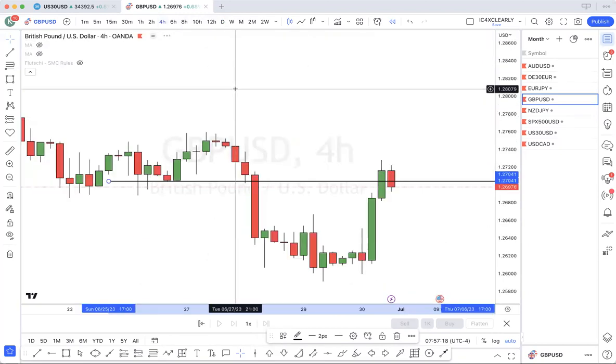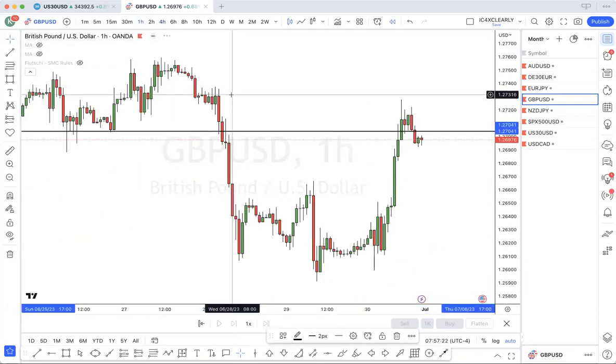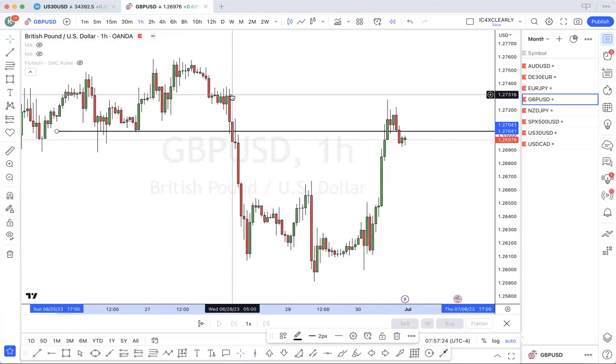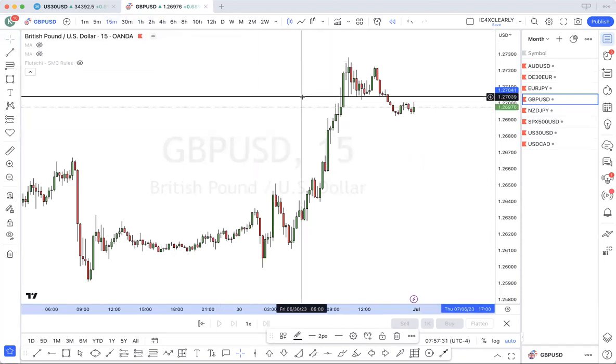Let's go to the 4-hour. There's no breaks of structure yet. There is a little neckline here. However, this would be the low.